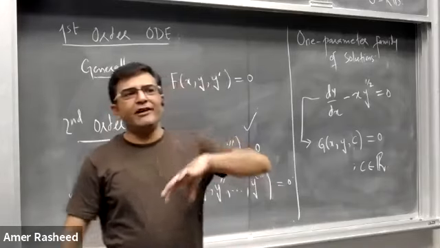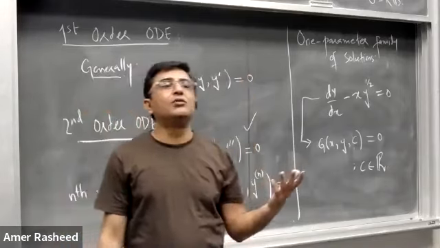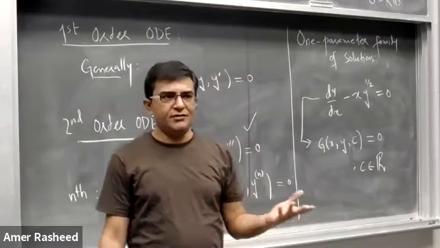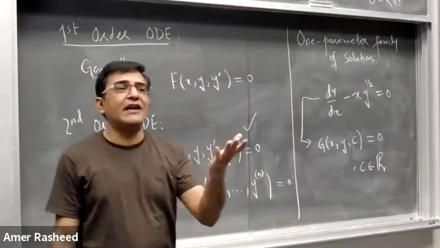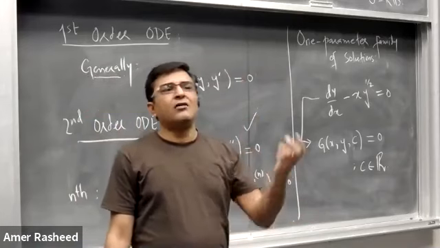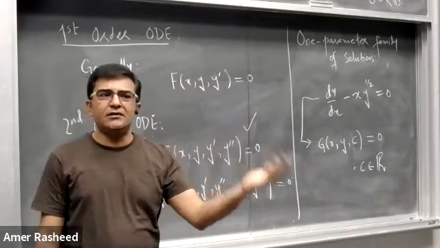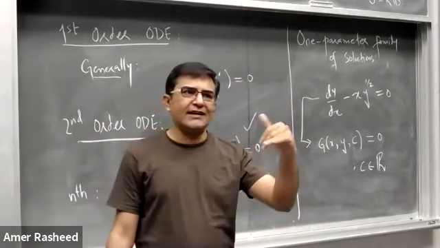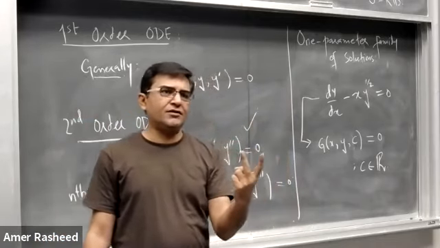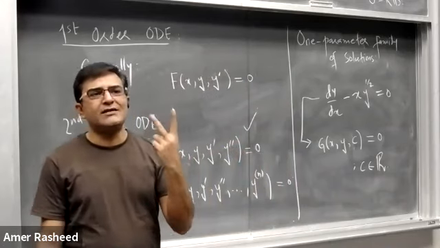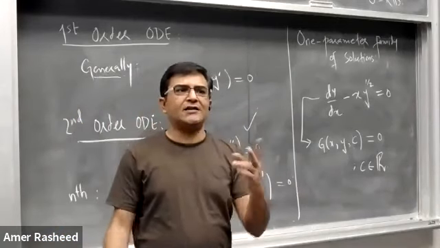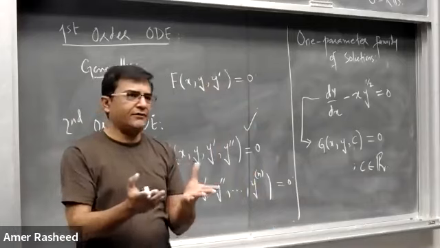So in order to reverse those two derivatives, you have to take two integrations. You have to integrate that equation 2 times. When you integrate that equation 1 time, you get one constant, and when you integrate that equation the second time, you get another constant.